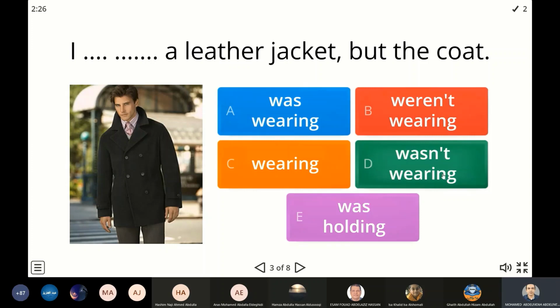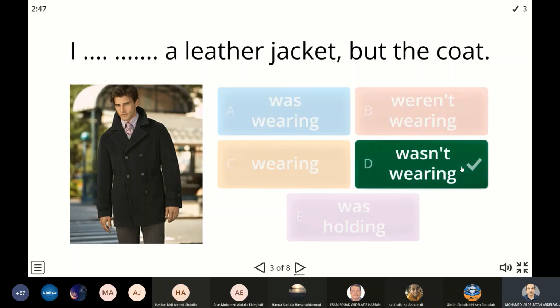I wasn't wearing a leather jacket, but the coat. Okay? Is it okay, students? So again, students, if you have got but in the second half of the sentence, that means the first part is negative. I wasn't wearing a leather jacket, but the coat.